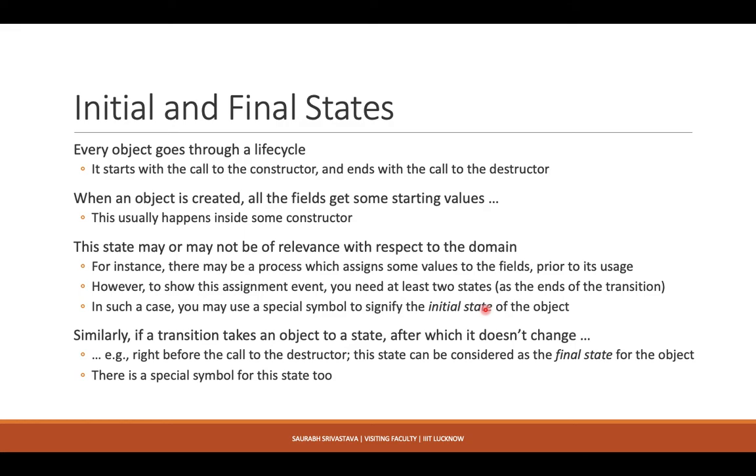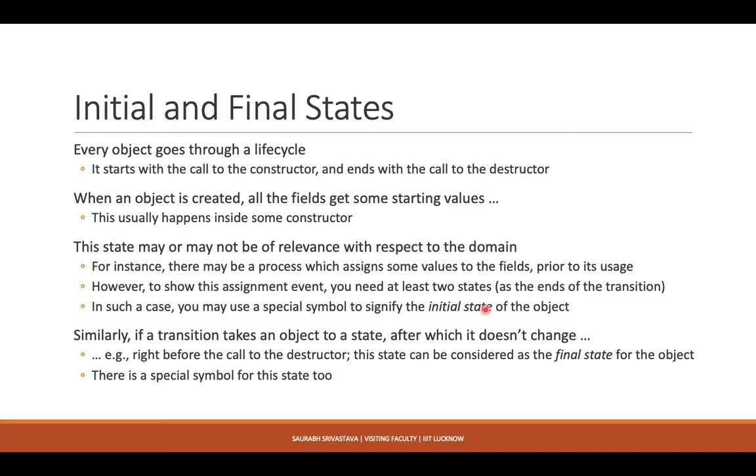Similarly, when it's the last thing, right after you are done with the use of the object, so you're not going to use this object anymore. Okay, so right before the destructor gets called, there is a state, right? There is the final state to which the object goes and then it dies.